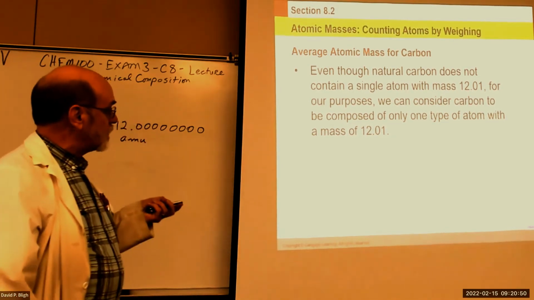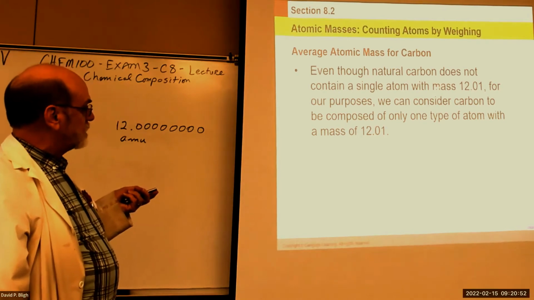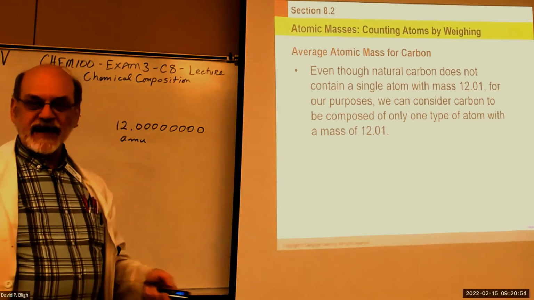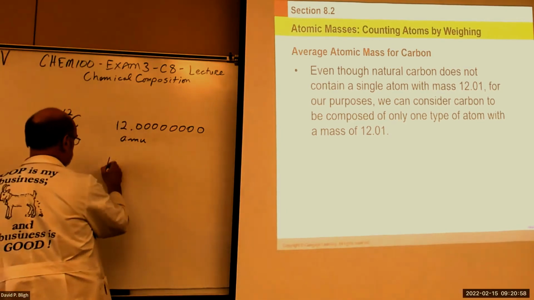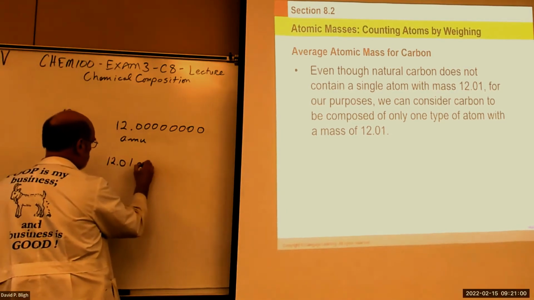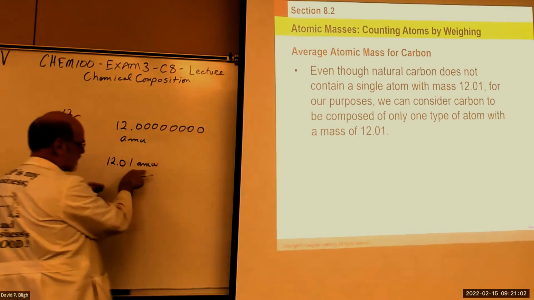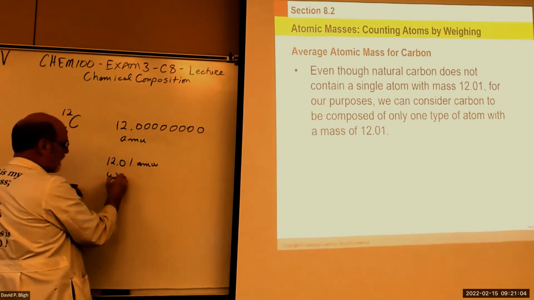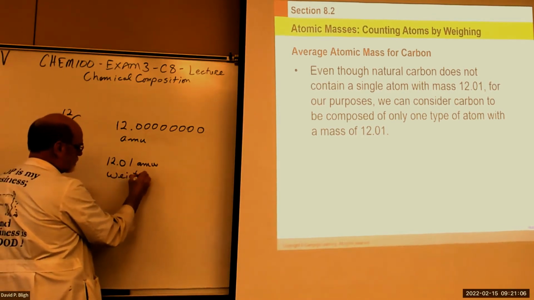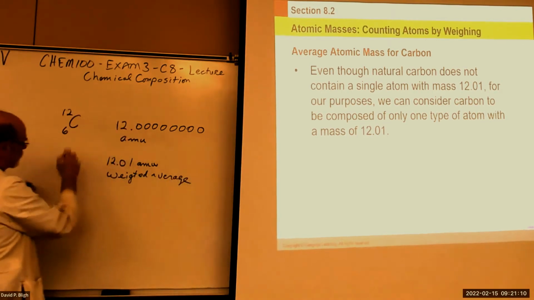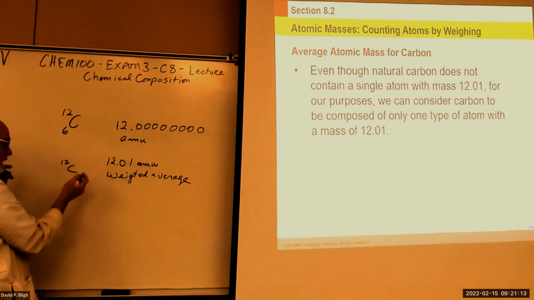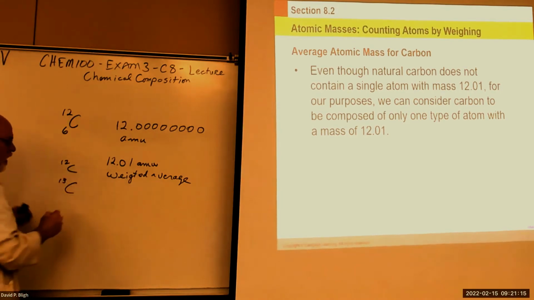So then why do we say that carbon has a mass of 12.01 atomic mass units? That's because this is a weighted average of carbon-12 primarily and carbon-13.